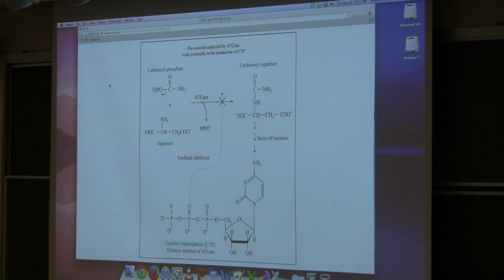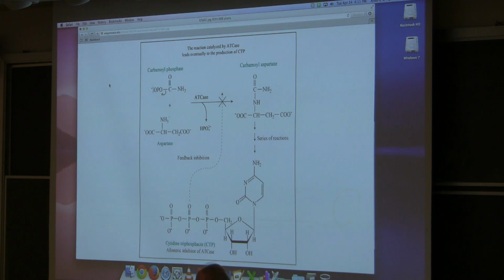It actually takes 10 reactions to get the final product, which in this case is CTP. There's an extra C in there, isn't there? Cytidine triphosphate, whatever that says. All right. And anyway, it takes a series of reactions, 10 reactions, to get here.